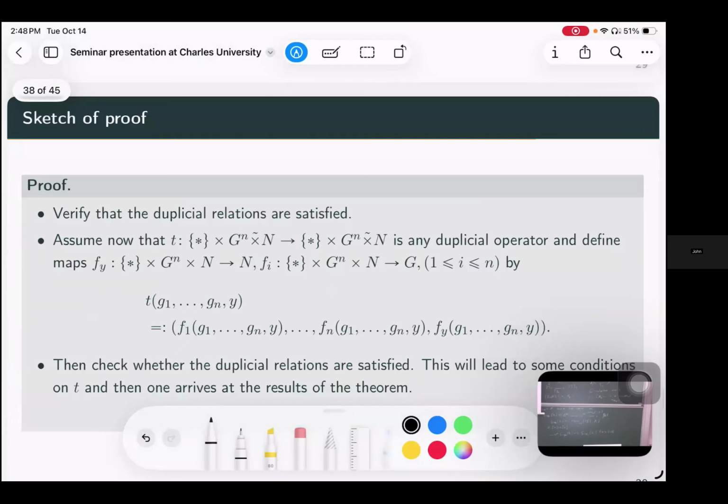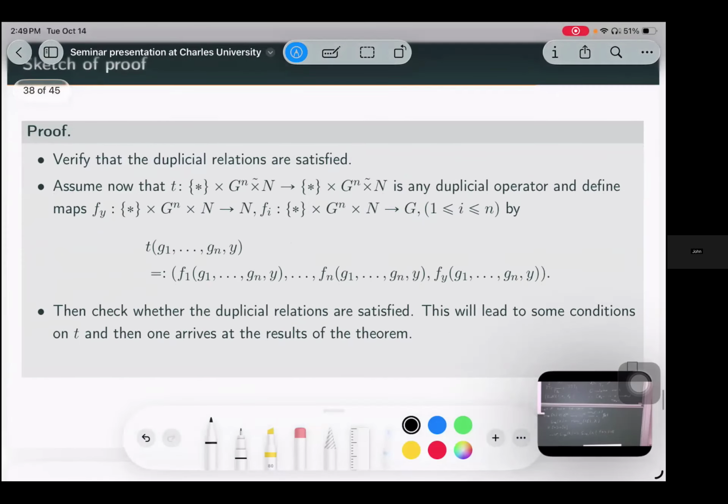Yes, so a sketch of the proof is that we need to verify that the differential relations hold. We assume that given T as this, with f_y going from that to N, and f_i going from this one to G, we must check that all the differential relations are satisfied.